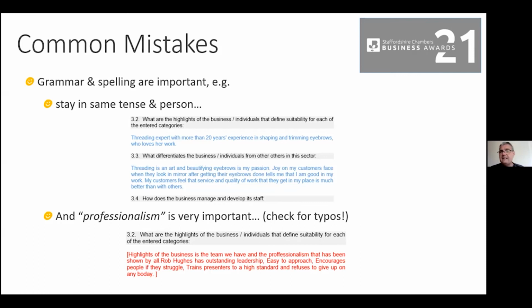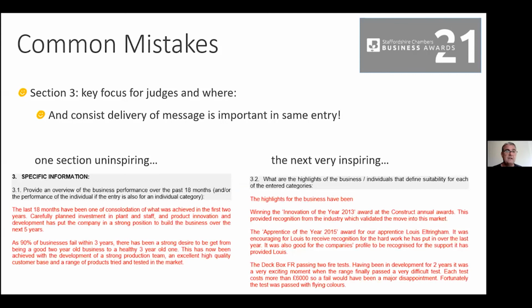It's almost as though they've taken it from another document, maybe a marketing document, a brochure, or a report they've done for a board member, and just copied and pasted. These things stand out a mile for the judges. You see the good ones and understand that they've done this specifically for these awards, and taken the time to make sure it's delivered in the correct way.